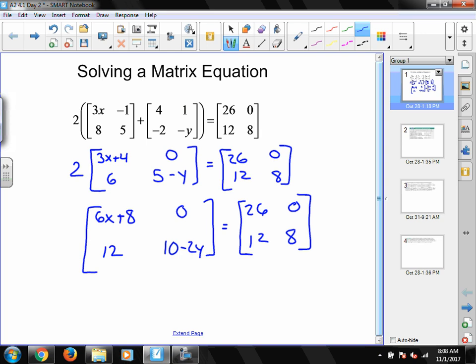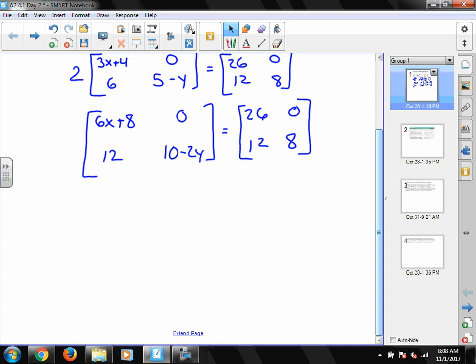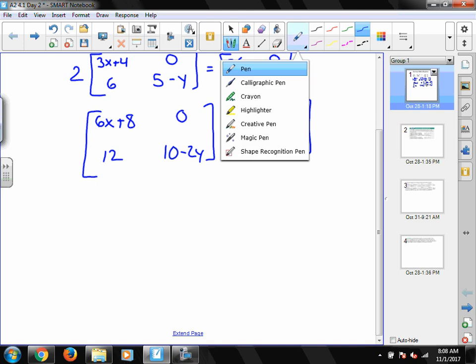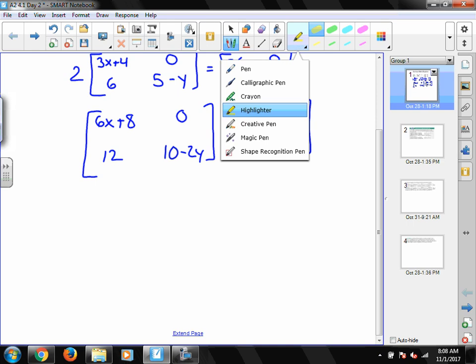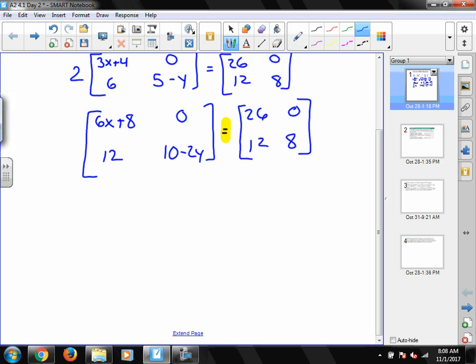All right, now, the whole thing about these is, if you remember from yesterday, or the last video, we talked about how if we have equal matrices, they have the same corresponding values. So, as you can see, our top right is 0 on the left-hand side, and our top right entry is 0 on the right-hand side.